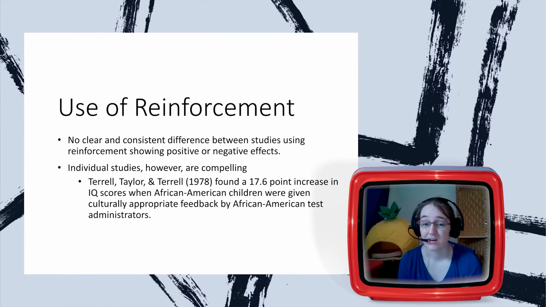There are individual studies, though. At least this study from 1978 found a 17.6 point increase in IQ scores when African American children were given culturally appropriate feedback by African American test administrators. That is a full standard deviation. That's an effect size of 1. That's huge.